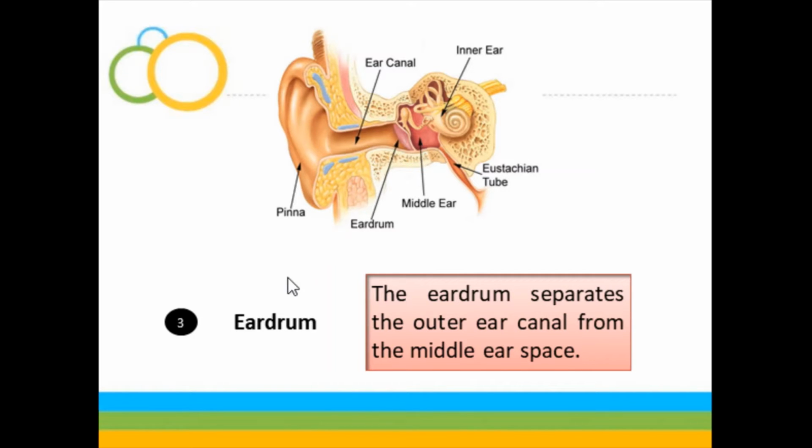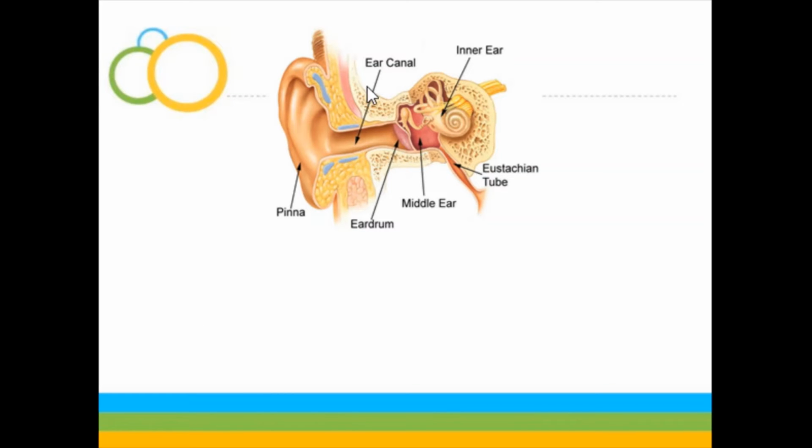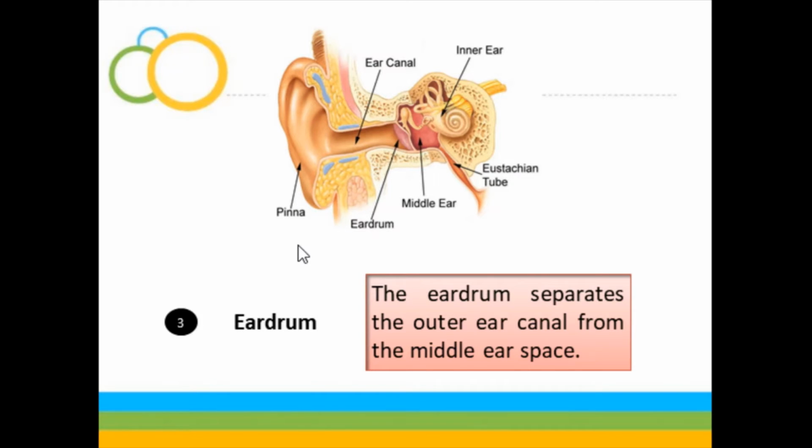The ear canal, the pinna, and the eardrum are the parts that compose our outer ear. What is this part? Very good, it's the eardrum. How about the long tube over here? Ear canal, and the outside part is the pinna.